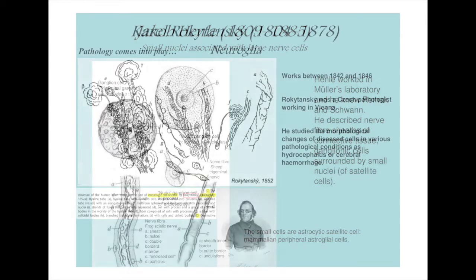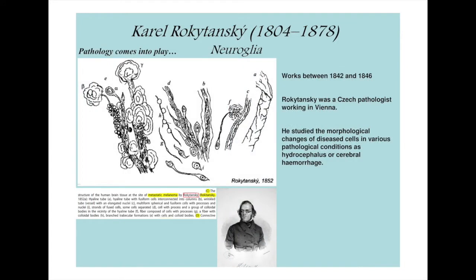He studied the morphological changes of diseased cells in various pathological conditions in the nervous system, such as hydrocephalus or cerebral hemorrhage. In hydrocephalic subjects, he looked at the brain ventricles and at what was thought to be its skin or epithelium, that is the ependyma. Rokitansky saw 5 tissue layers in the ependyma.